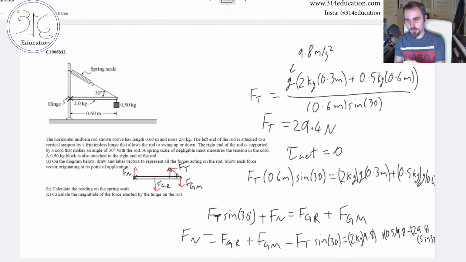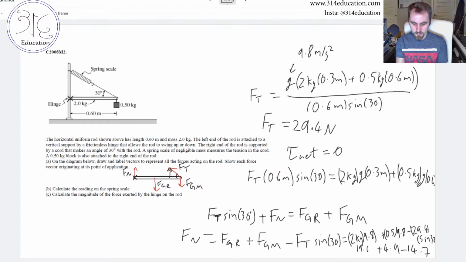So individual terms, we have 2 times 9.8. We have 19.6 plus 4.9. I actually knew that one offhand. And then we have minus 14.7.